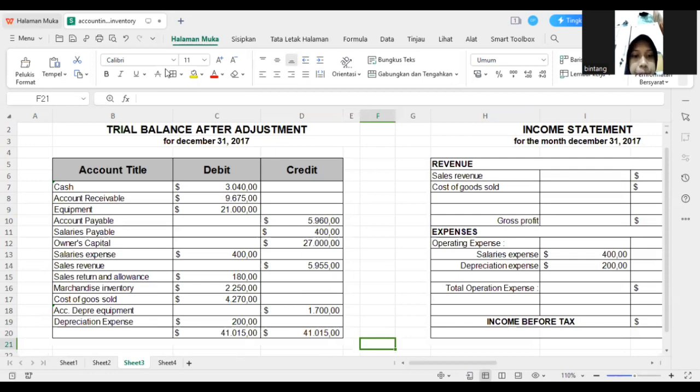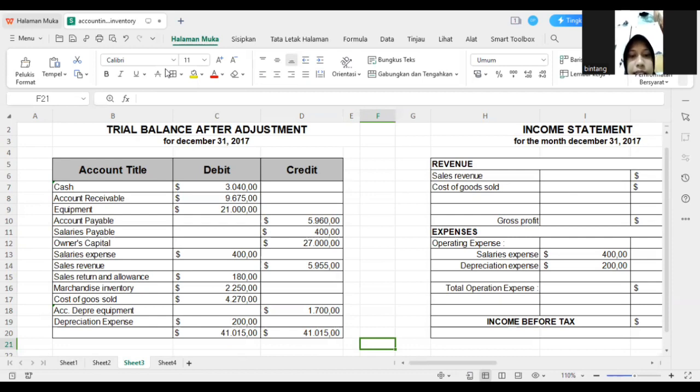and there's account payable in credit side, the amount is $5,960. There are salaries payable in credit side, the amount is $400.